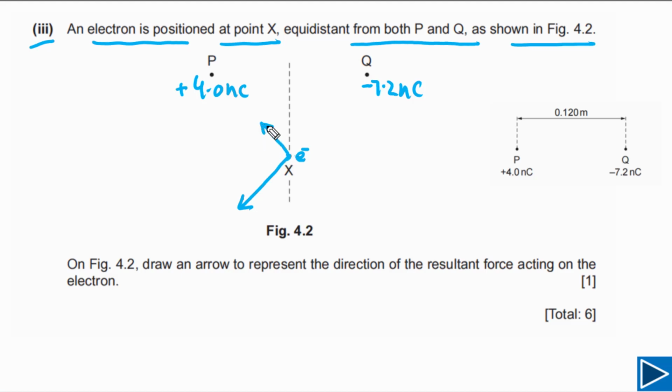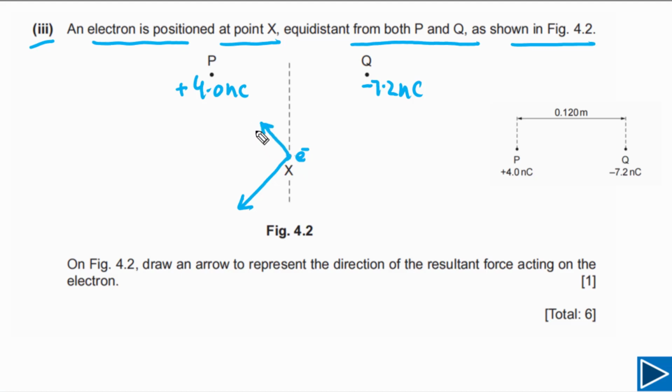I draw this arrow shorter because the force due to P is weaker than the force due to Q. So we have these 2 forces acting on this electron. We simply need to sketch, so the length of arrows is not very important. To give you an idea how we will draw the resultant force, I have drawn 1 arrow. This is longer because this force is greater and this force is weaker.